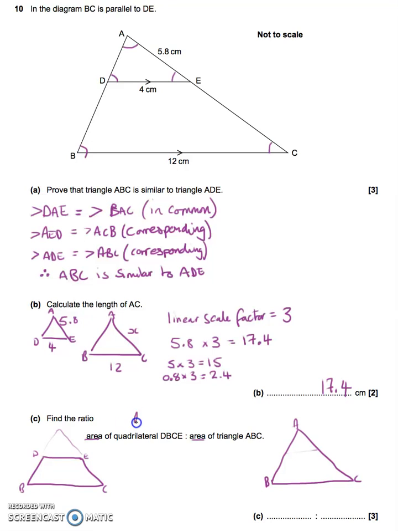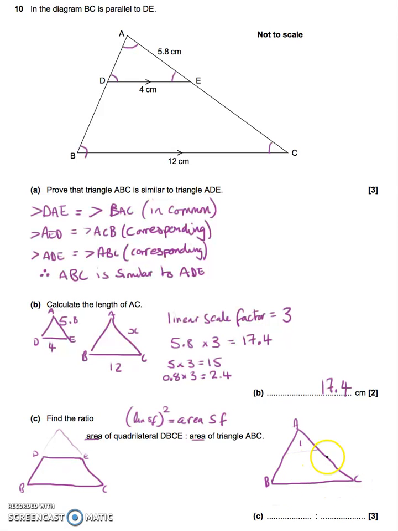Now you need to know that the linear scale factor squared equals the area scale factor. That's the fact you need to know. Equally, the linear scale factor cubed equals the volume scale factor. So if we use that fact there, if this little triangle at the top was 1 unit squared, and we were calculating the area, that'd be 1 squared. 1 squared is 1, that'd be worth 1.